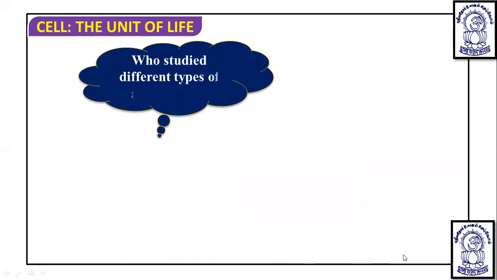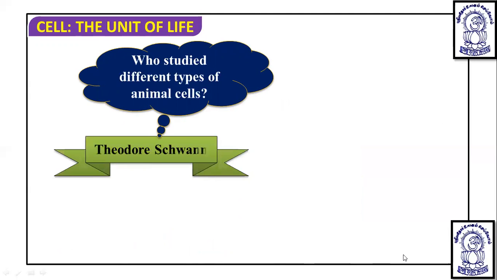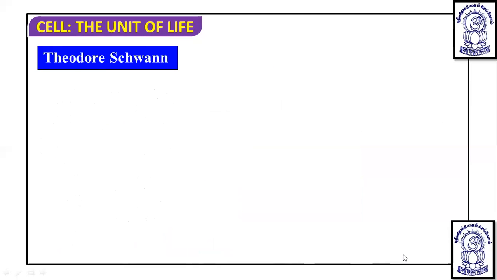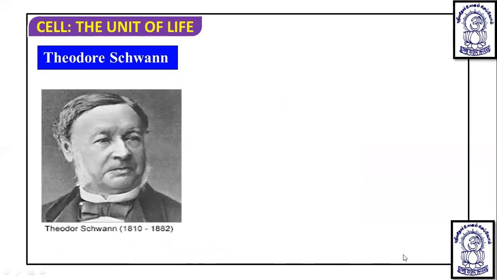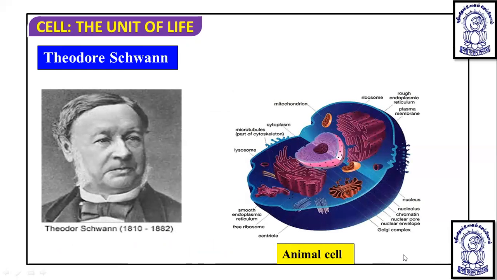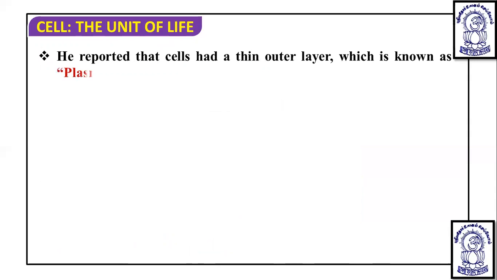Now, who studied different types of animal cell? This was later, when different types of animal cells were studied by Theodor Schwann in 1838, who was a German zoologist. He studied different animal cells or animal tissues, and he reported that in an animal cell there is a thin outer layer known as the plasma membrane.